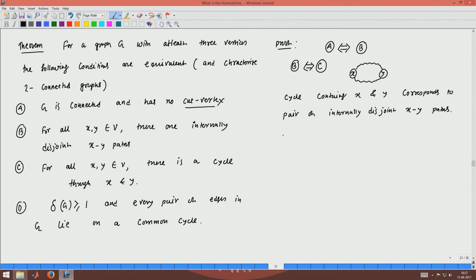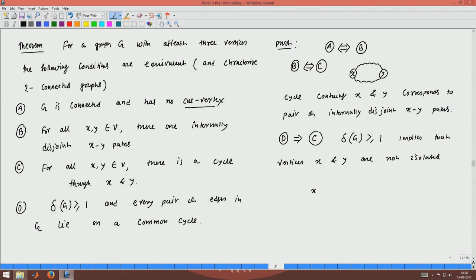Now, we will prove that D implies C. So, delta G is the minimum degree. Delta G greater than or equal to 1 implies that vertices x and y are not isolated.